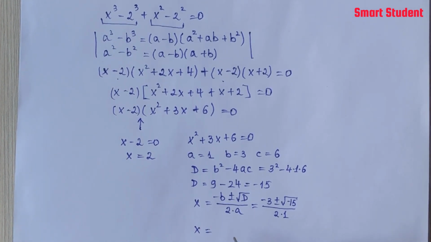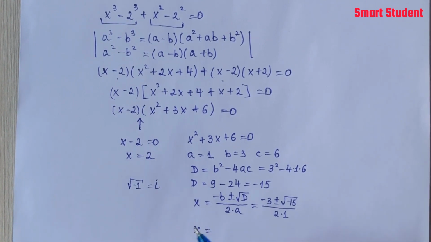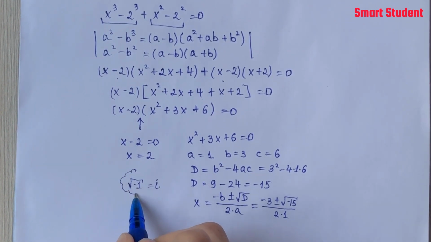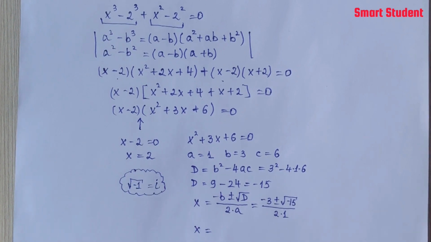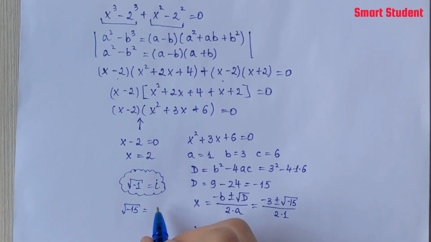Now I want to explain to you something important related to the set of complex numbers. You need to remember that the square root of minus 1, we call it i, so we're going to use this concept here. But first we need to work on this square root of minus 15. Here it's still minus 15, so I have this multiplication inside the root.